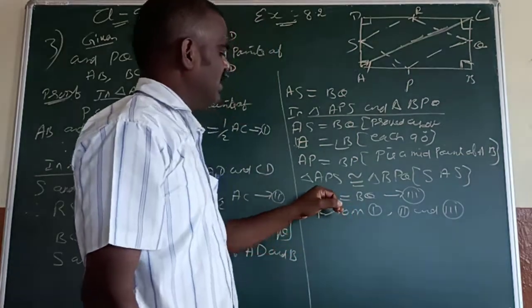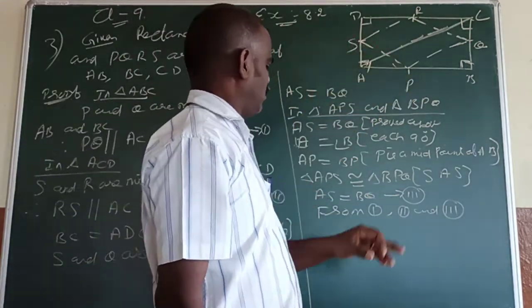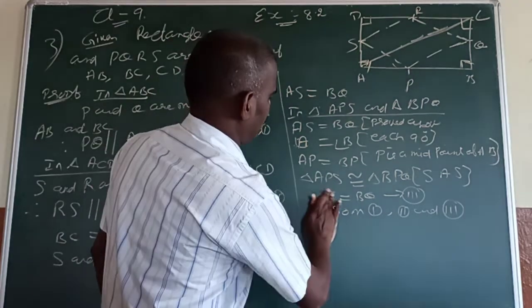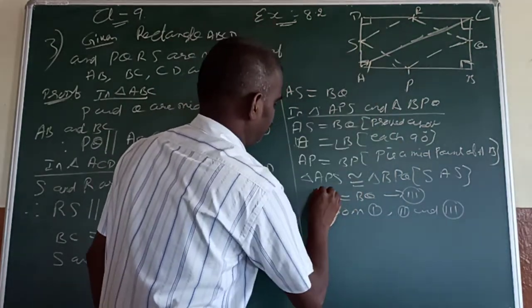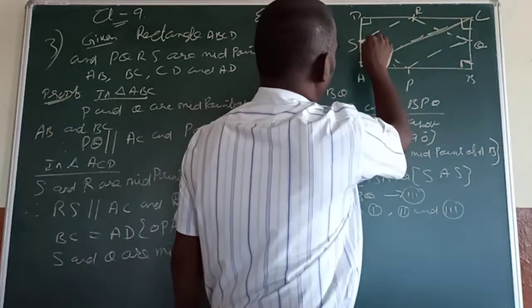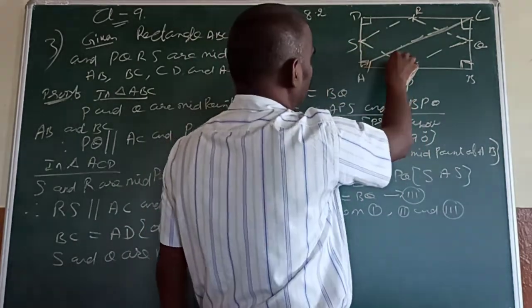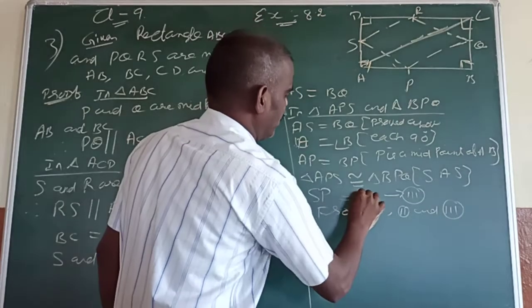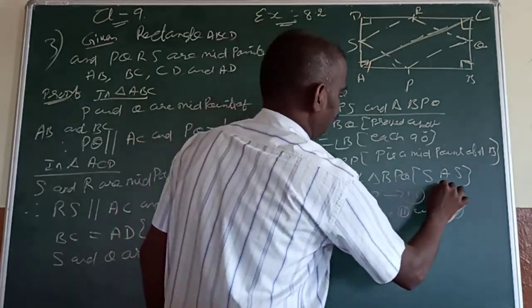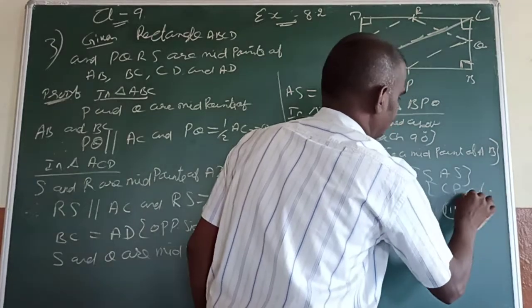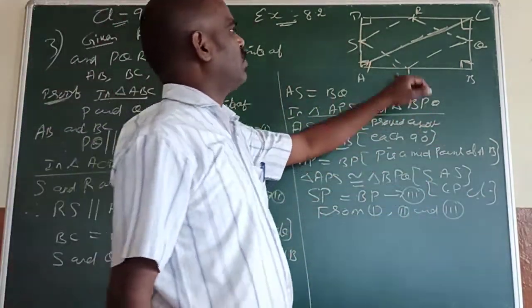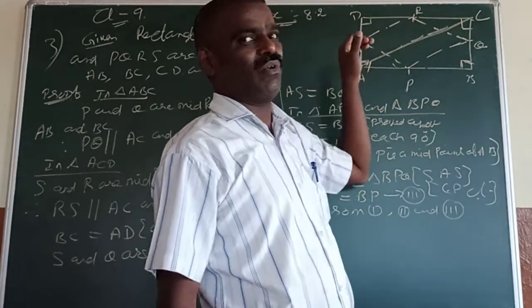Now 3 is telling SP equal to BQ. So from 1 to 3, these two are equal and these two are equal, all are equal.